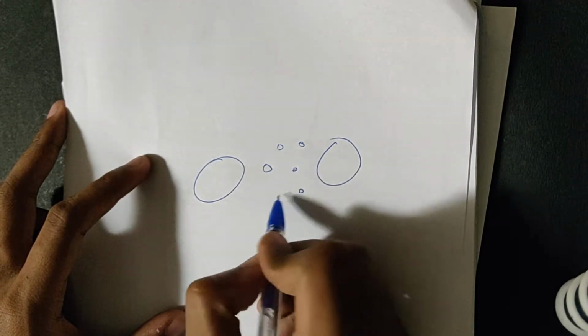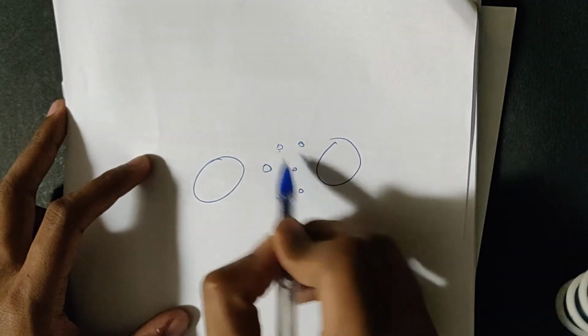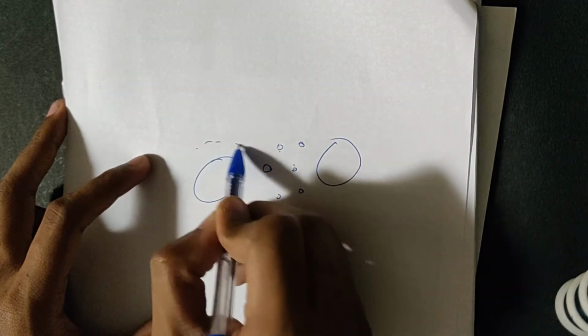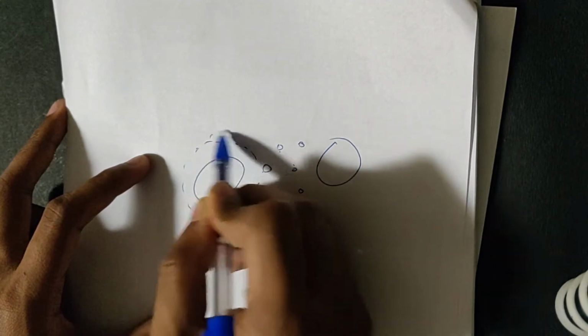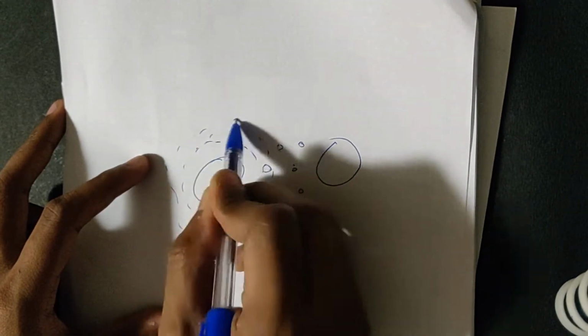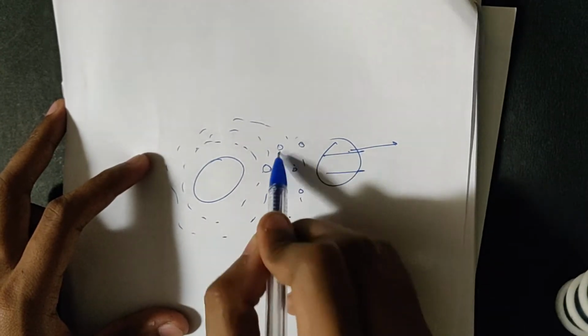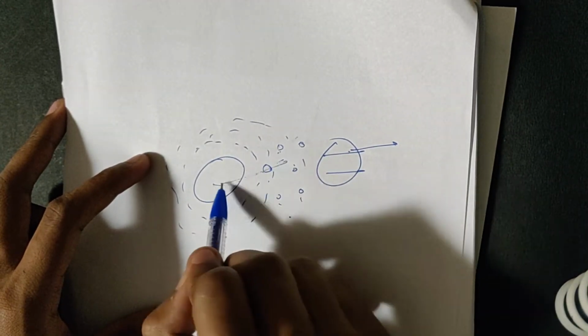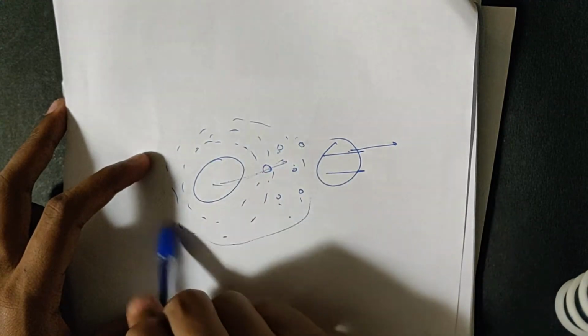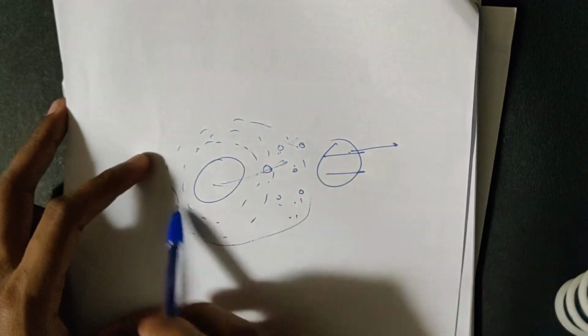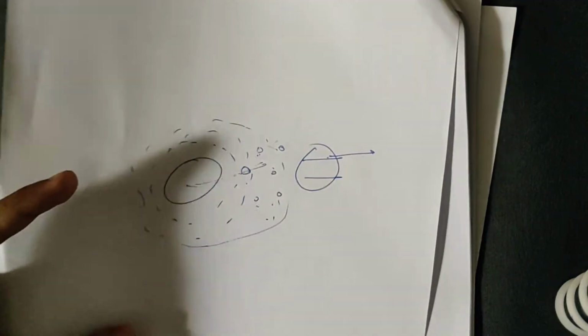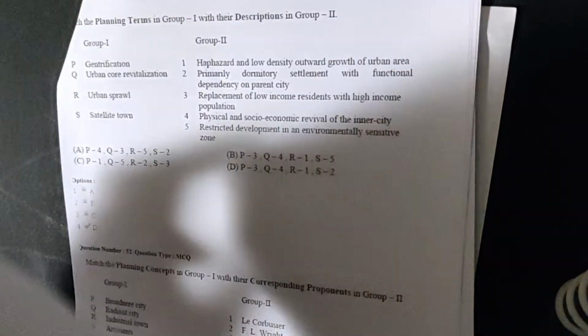This city starts expanding, and after a time this city remains different, but these smaller cities get merged with this city and form an urban conurbation. So this is what conurbation means, the spreading of the city.